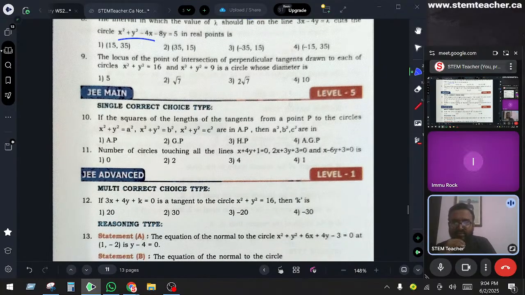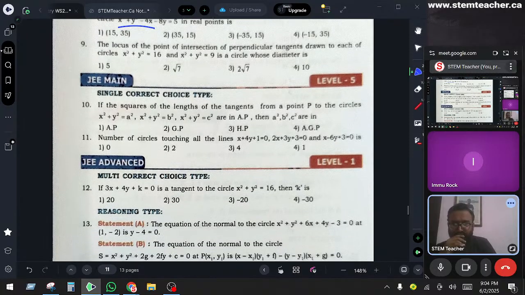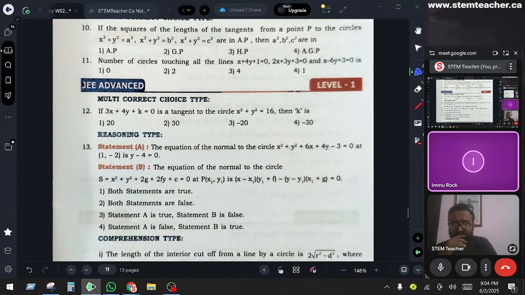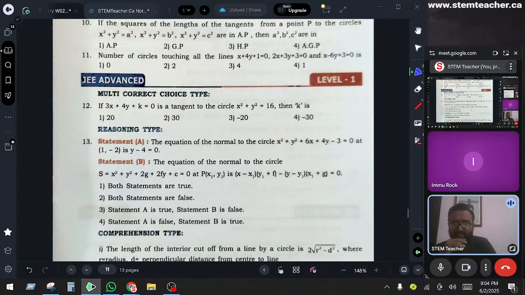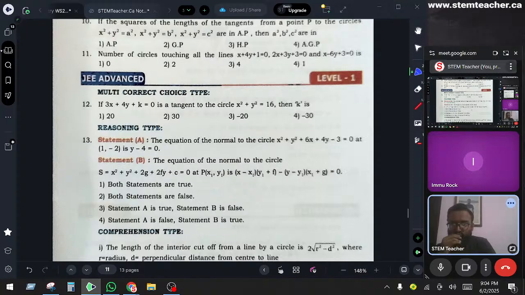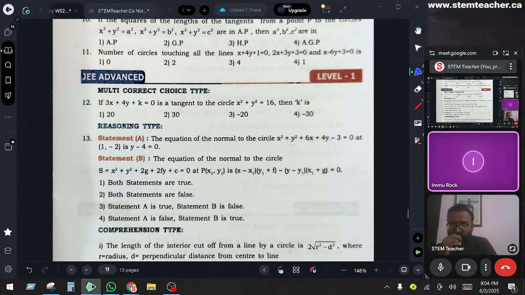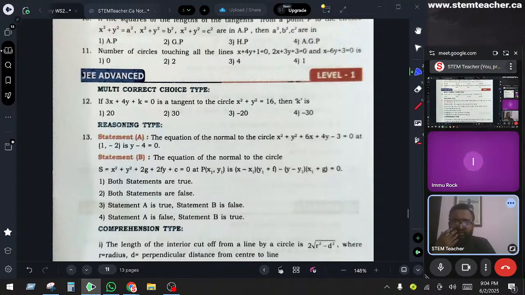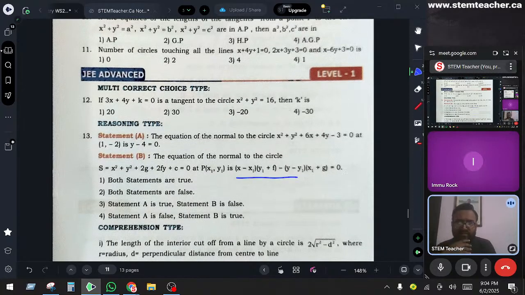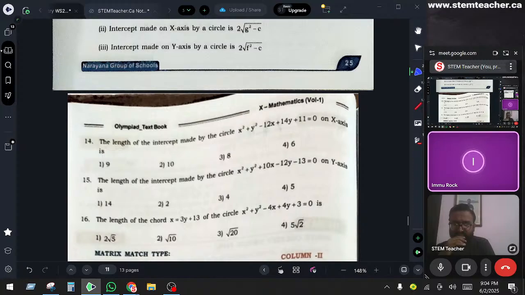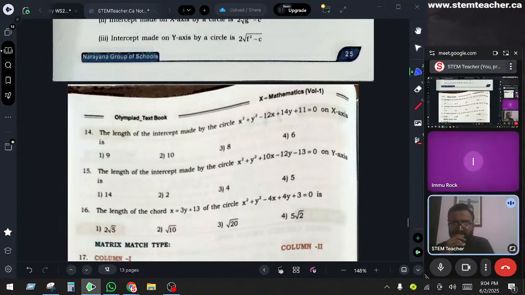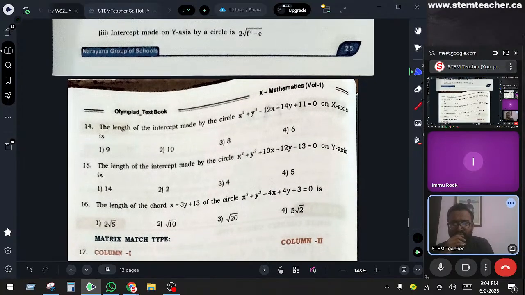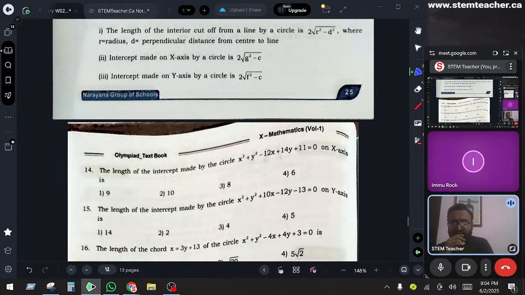If 3x plus y plus k equals to 0 is a tangent to the circle, then k equals to. The equation of normal, the point is -4. This is the normal equation. The length of intercept made by so and so on x-axis, y-axis, z-axis.